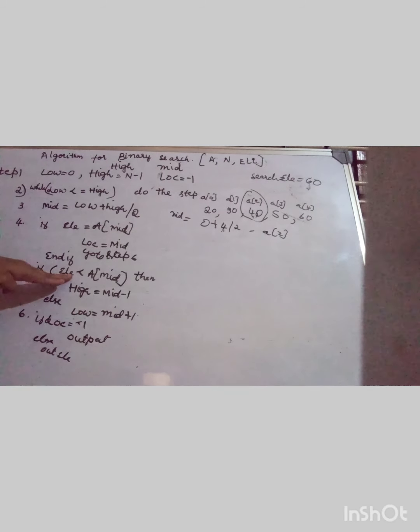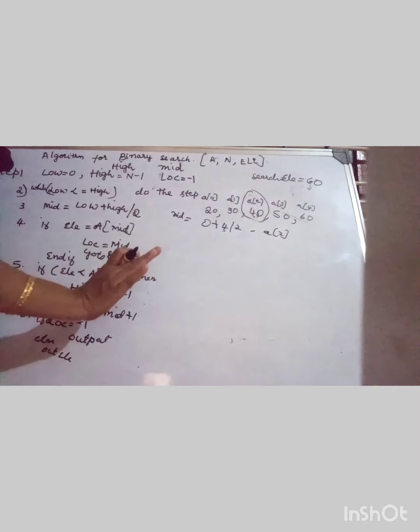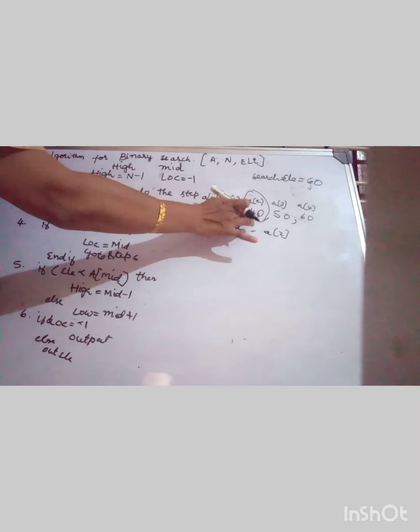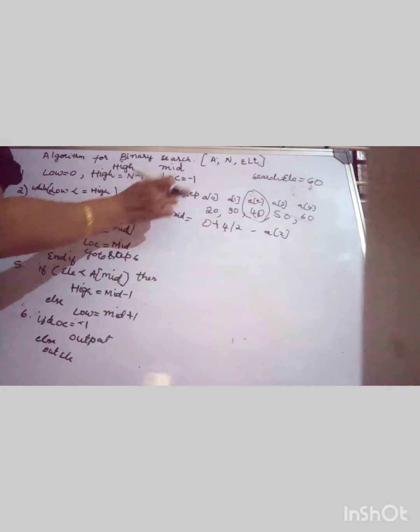If element is less than A of mid, I am checking whether the given search element is less than 40. If it is less than 40, searching should start from this side.